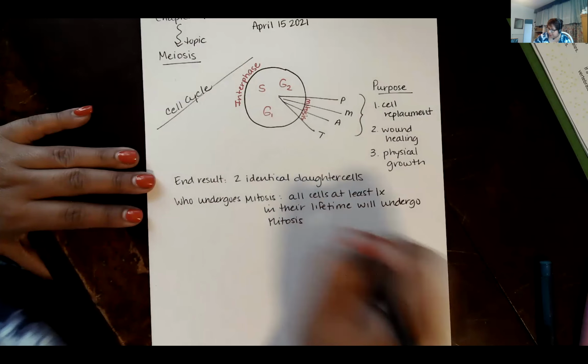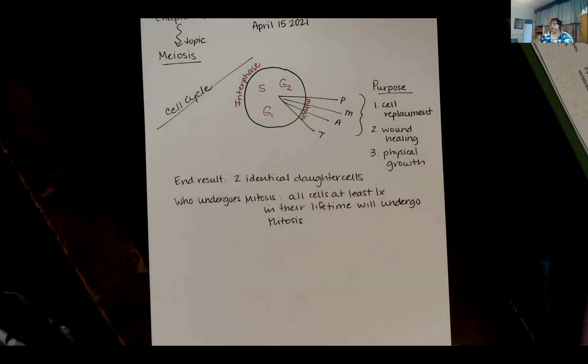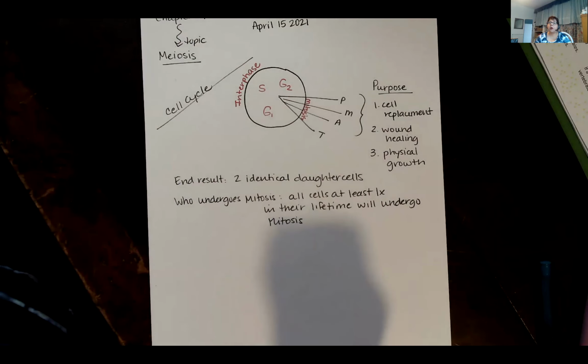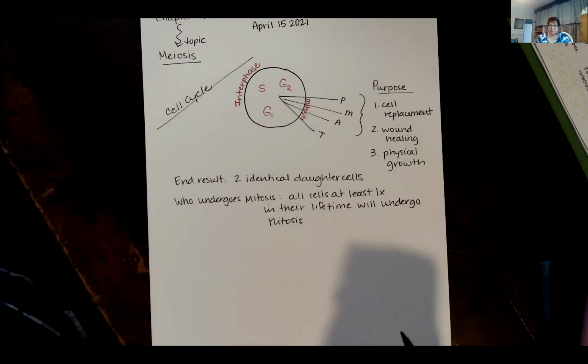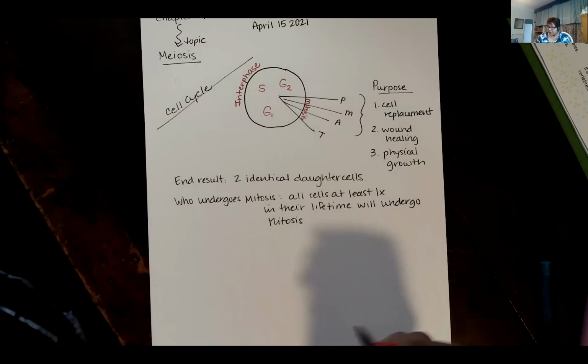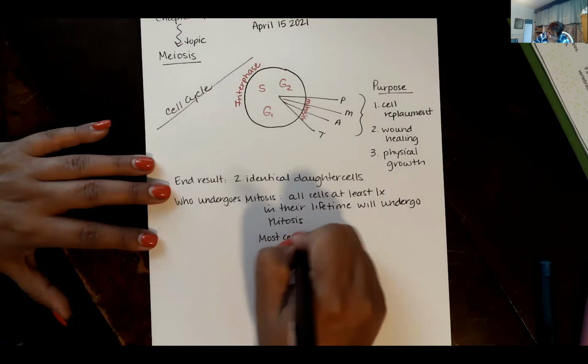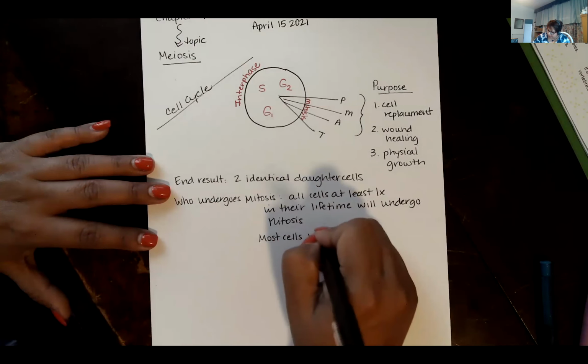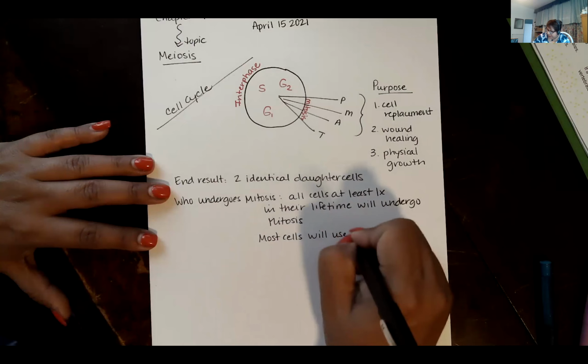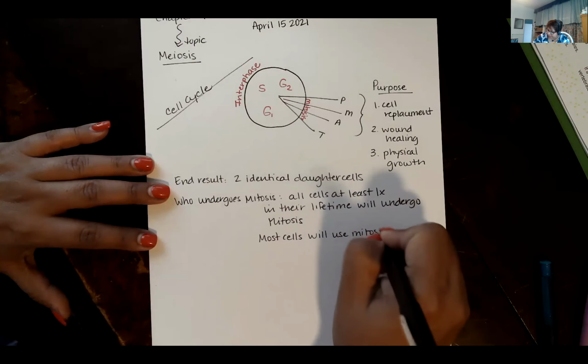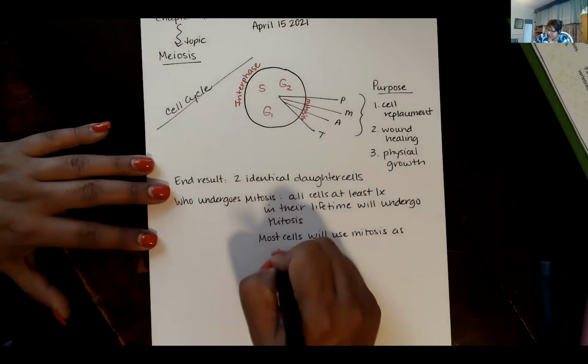Some cells will only undergo mitosis, so that's the only way they reproduce. Most cells will use mitosis as their method of reproduction.